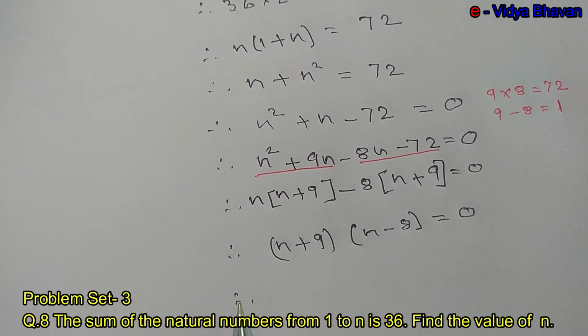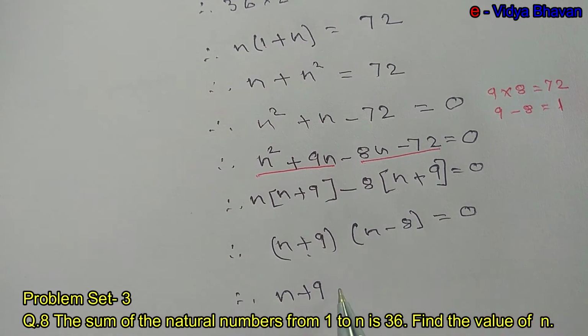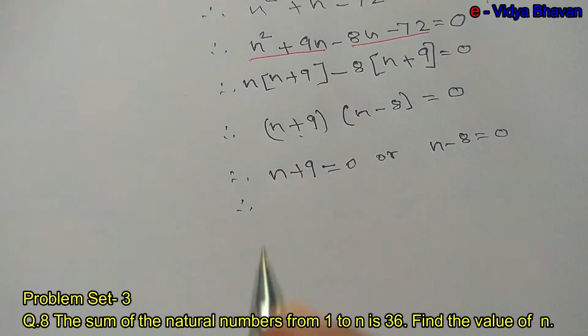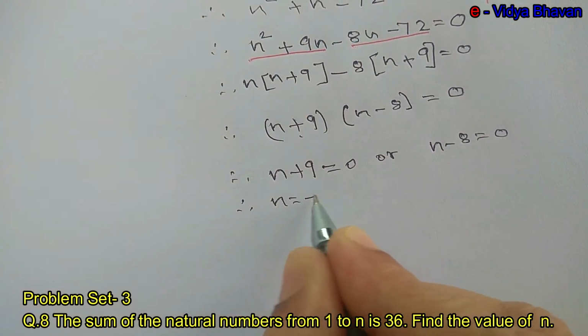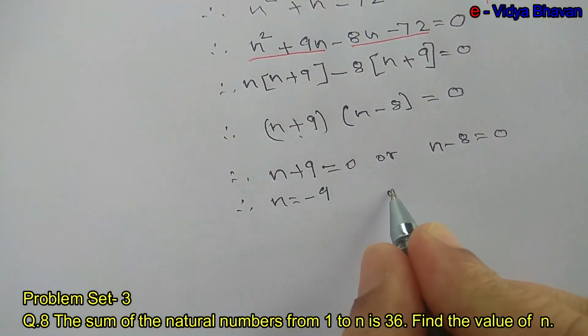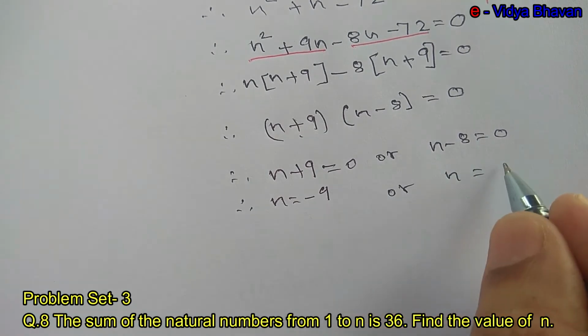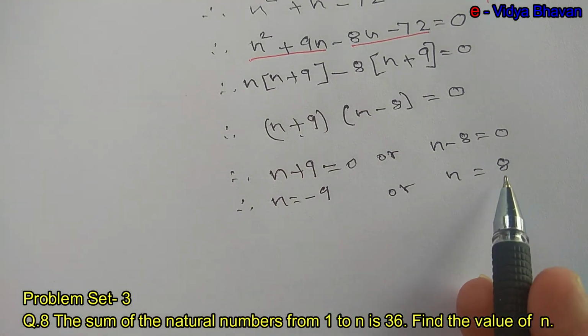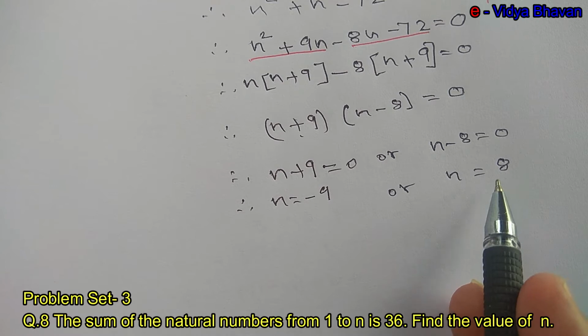Either n plus 9 can be 0 or n minus 8 can be 0. So n equal to minus 9 or n equal to 8. Here for n we are getting two values, minus 9 and plus 8.